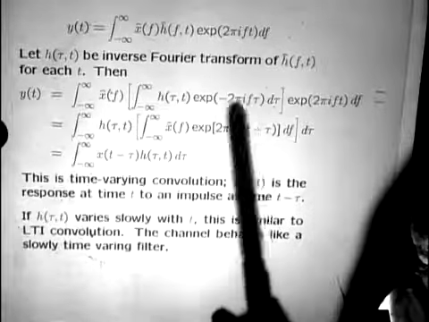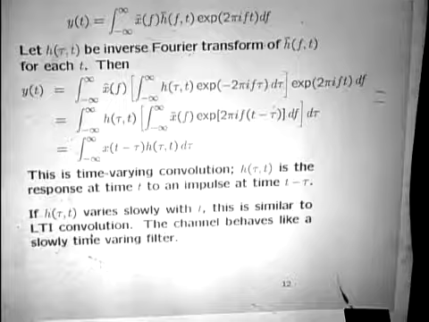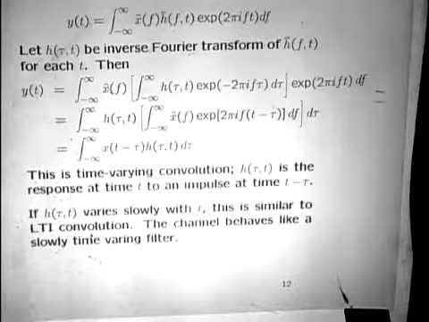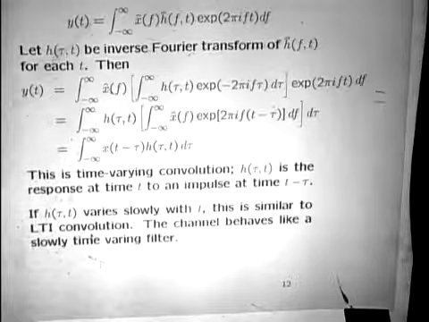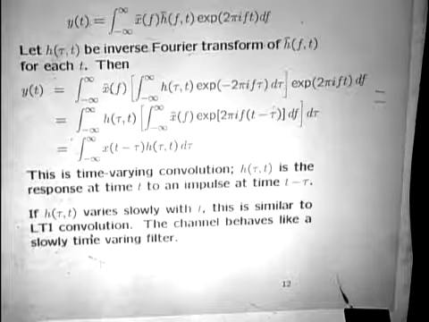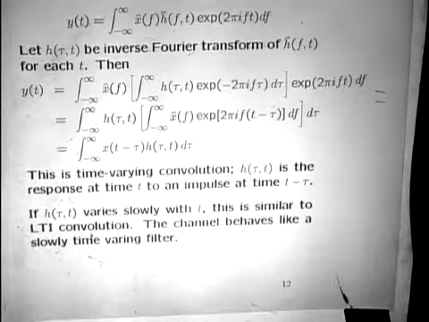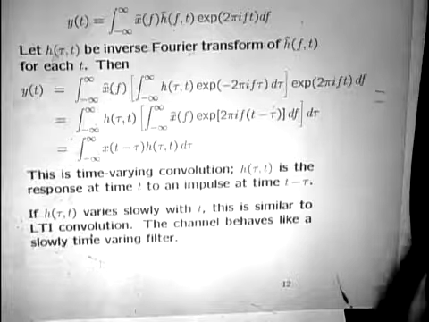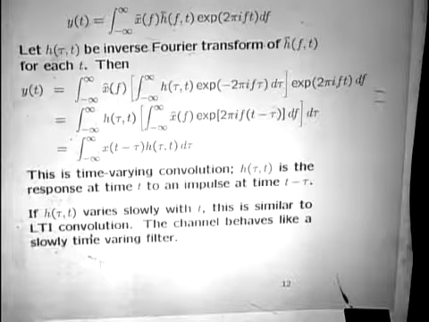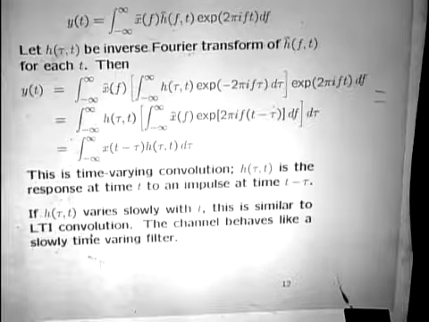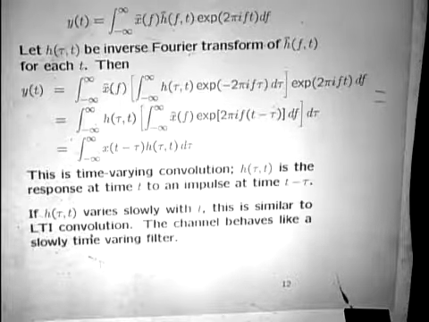If I take this quantity and move this term inside and interchange orders of integration, incidentally, when we're dealing with wireless, we're going to forget about all of the nice things that we know about L2 functions. There's just too much new stuff going on here to worry about that. So what you want to do is just take Fourier transforms like wild, interchange everything you want to, and simply forget about all the mathematical problems that might arise.